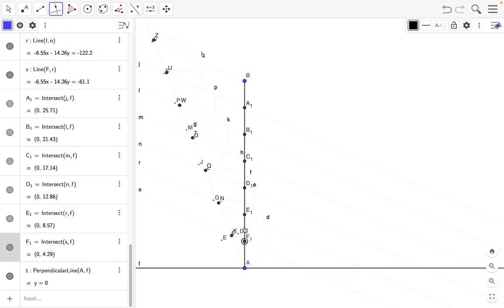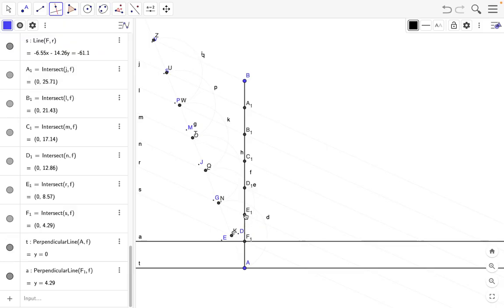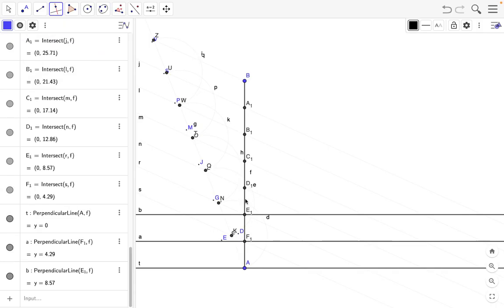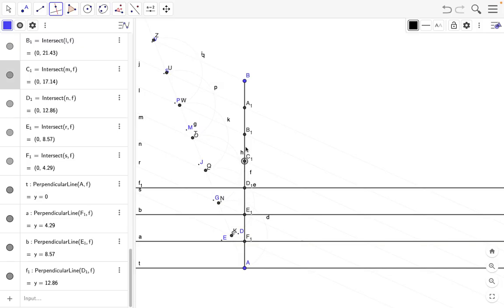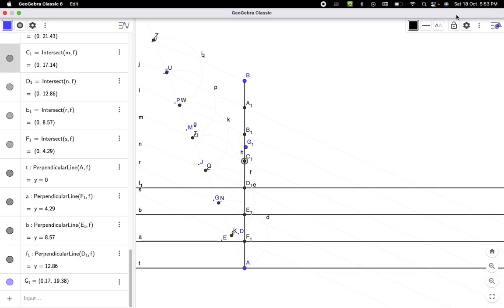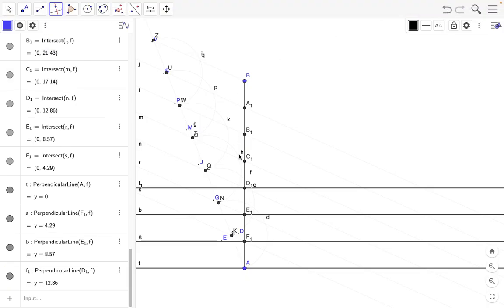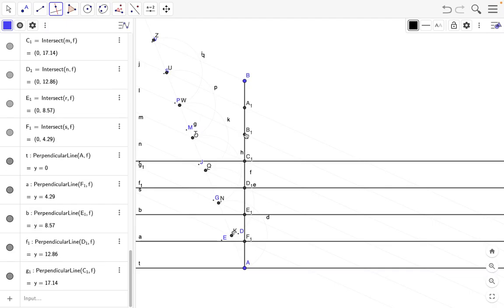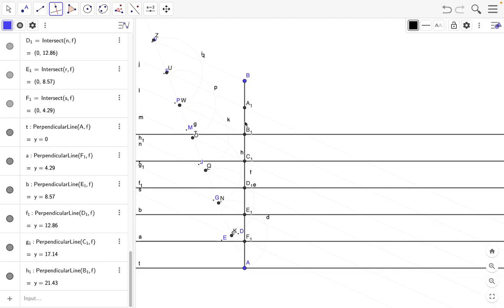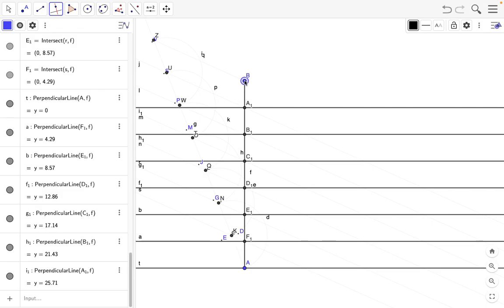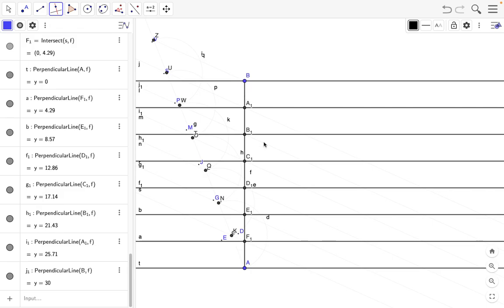Again we will draw at F1 on the same line, E1 on the same line, D1 on that line, at C1, at B1, A1 and at B. Now we will draw the grid on this line.